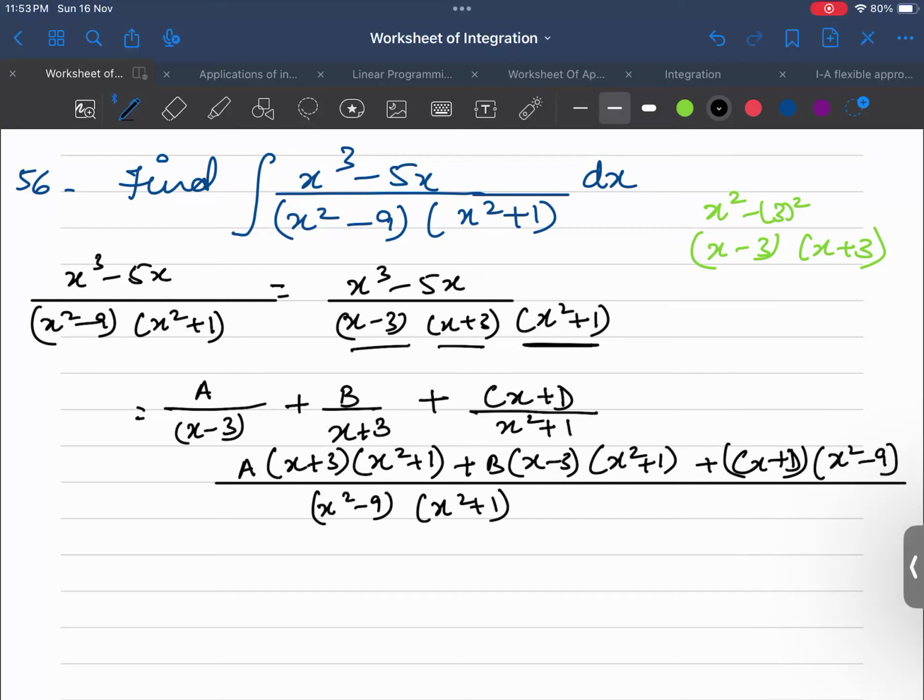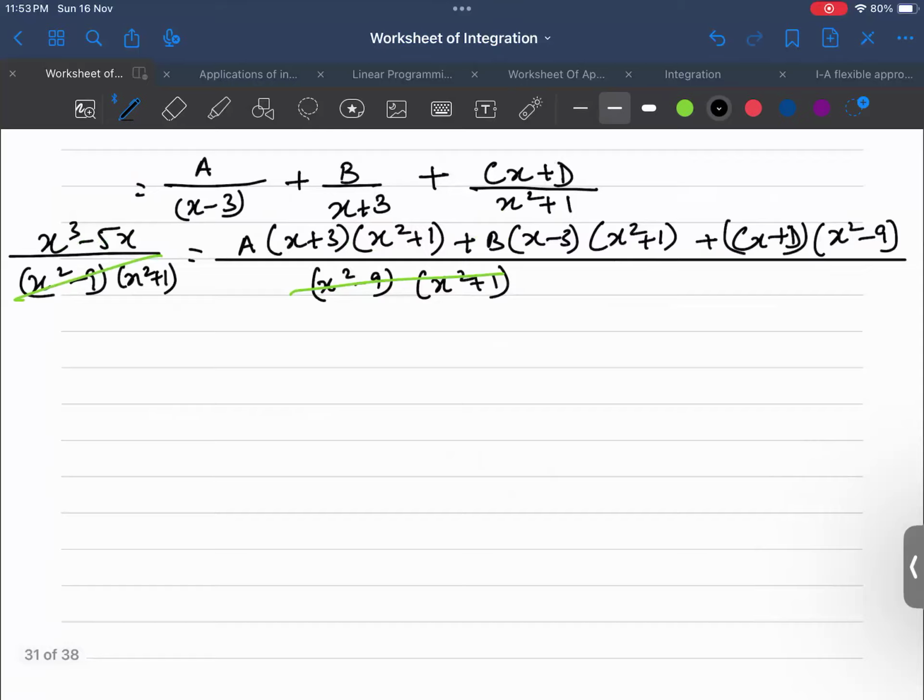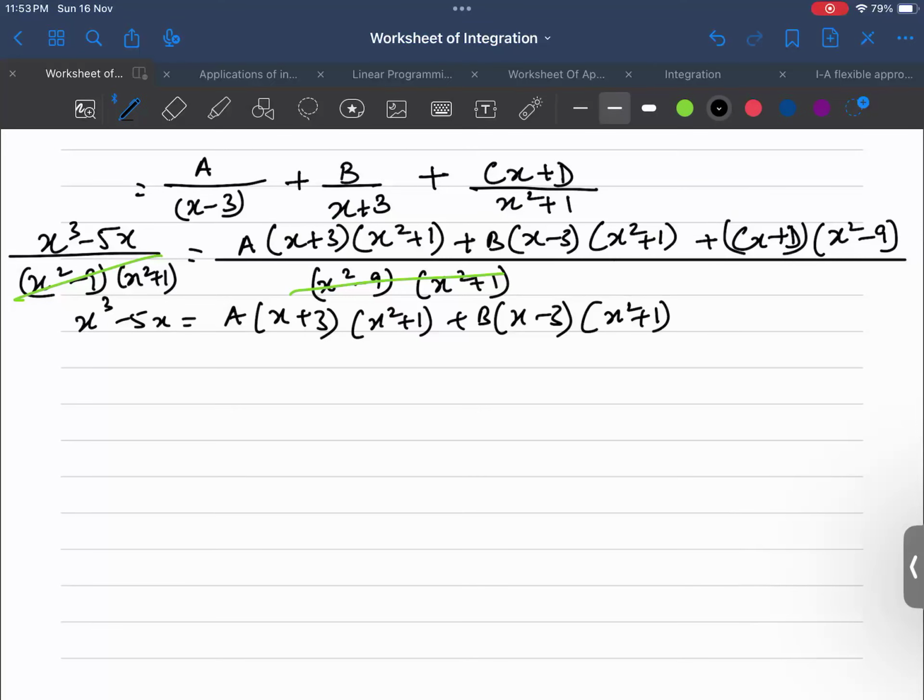I think you are getting the point. The denominator x square minus 9, x square plus 1 will be cut, and the remaining is x cube minus 5x equals a(x plus 3)(x square plus 1) plus b(x minus 3)(x square plus 1) plus (cx plus d)(x square minus 9). Please solve it along with me. You will be able to understand it even better.